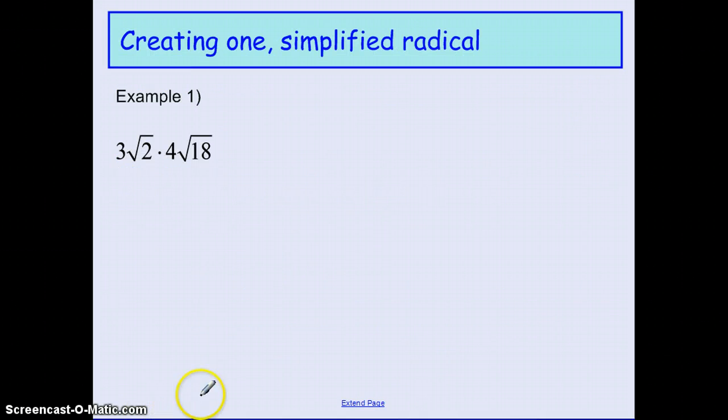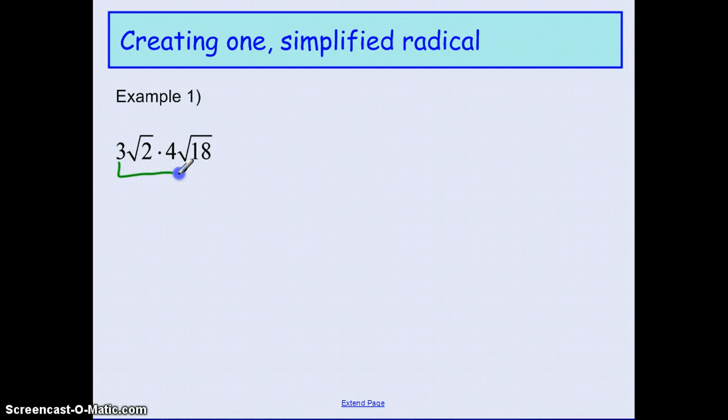We are going to start by doing an example that violates our first rule about things that we are not supposed to have in simplified expressions, and that's more than one radical or a radical that's not simplified. The way to attack a problem like this is by multiplying together what we might call like terms. Because we want to simplify, we want to combine as much as we can.